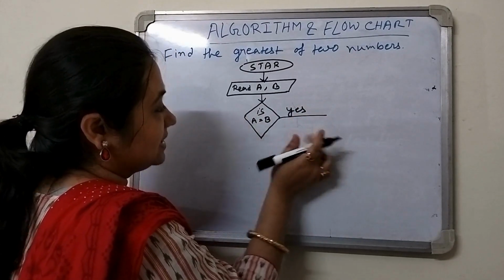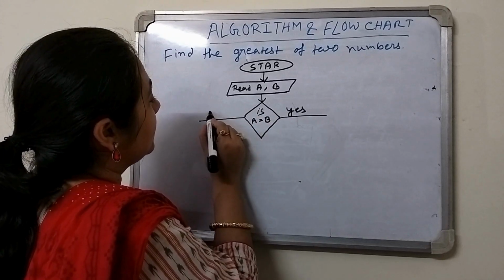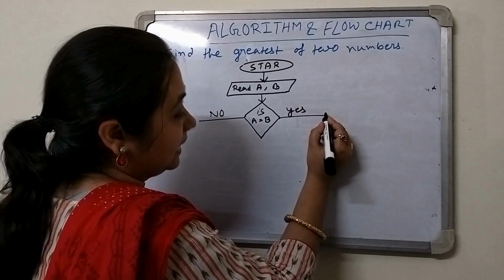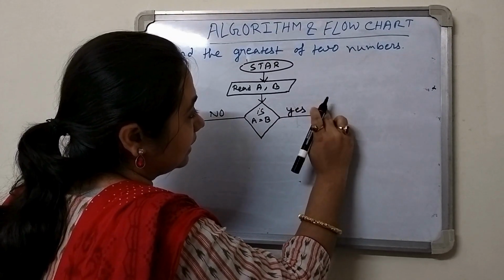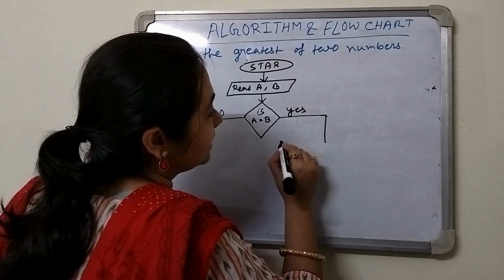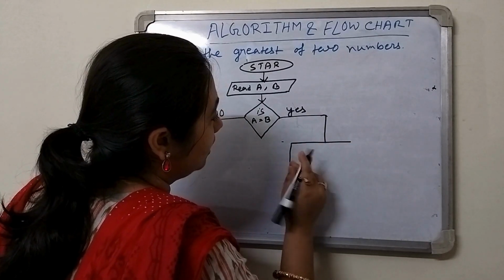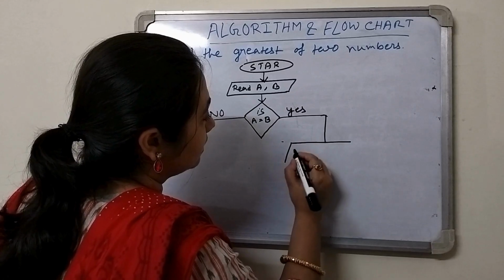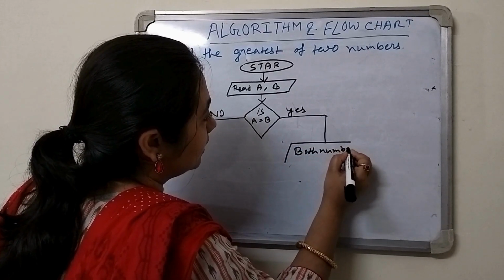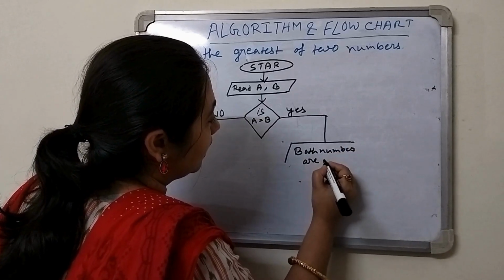We are getting two results, one is yes and another is no. If the result is yes, then what will be the output? That means both numbers are equal. We will get: both numbers are equal.